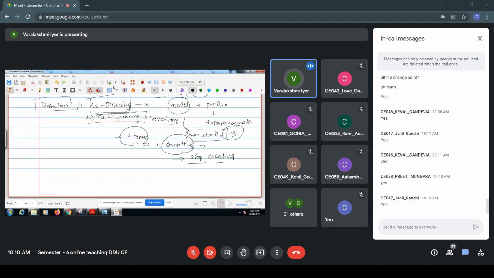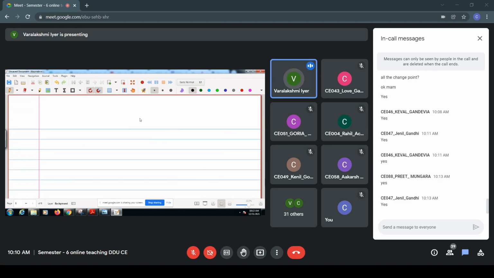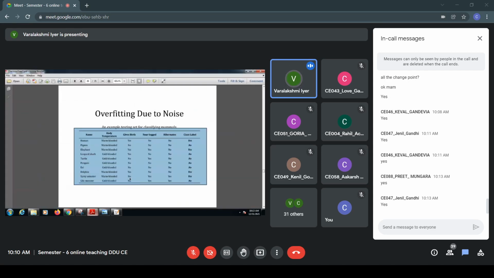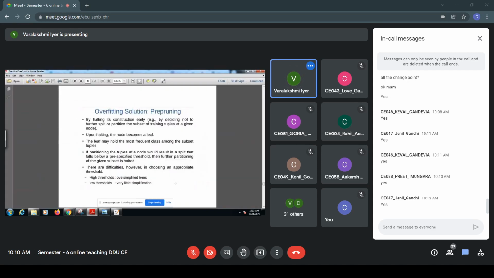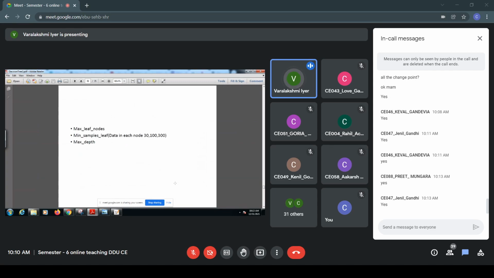Whenever you are training the model in Python, you have max leaf nodes, min samples leaf, and max depth. These are the three parameters that you can set to pre-prune your decision tree. For example, you can set the maximum leaf nodes that you want to allow in your decision tree.